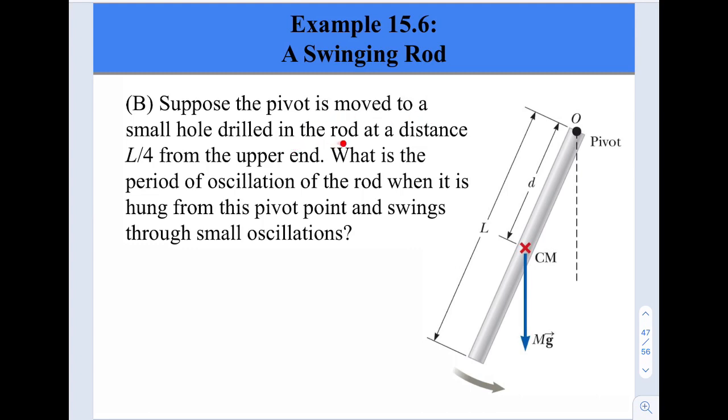Part B. Suppose the pivot is moved to a small hole drilled in the rod at a distance of L over 4 from the upper end. What is the period of oscillation of the rod when it is hung from this pivot point and swings through small oscillation again?